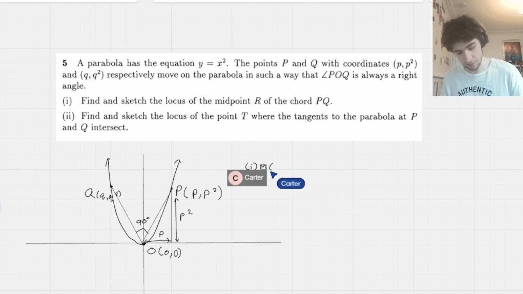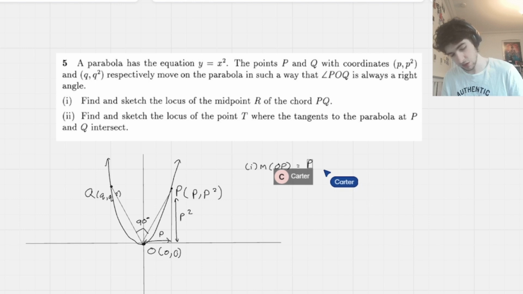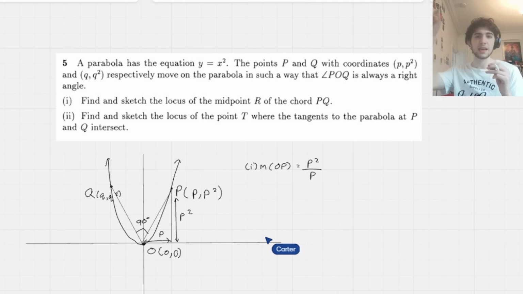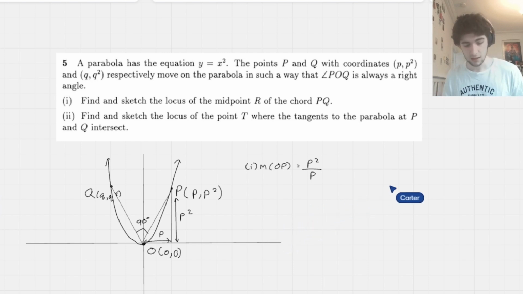So if I say m represents the gradient of OP, it's just going to be p squared divided by p. Obviously p can't be 0, but you can pick any other point on that parabola. If it was 0, it would just be a point, so it wouldn't make any sense.